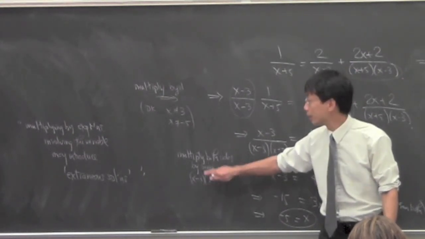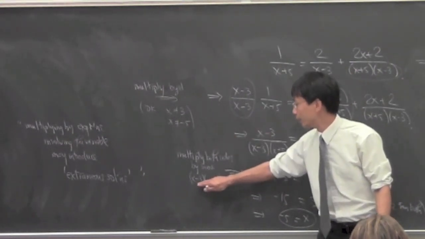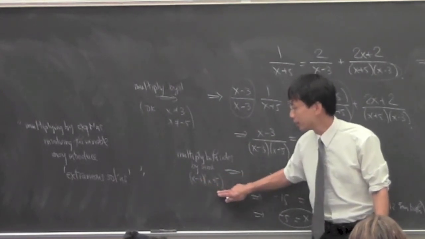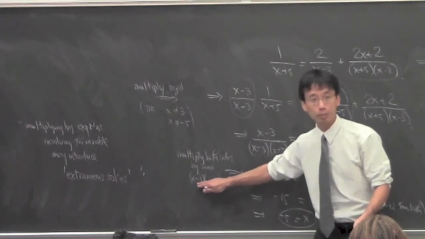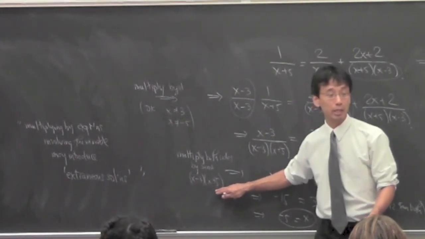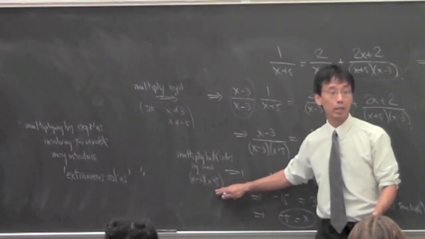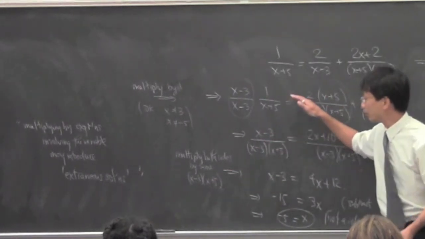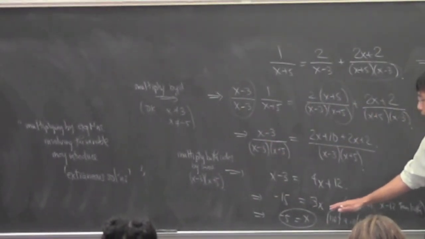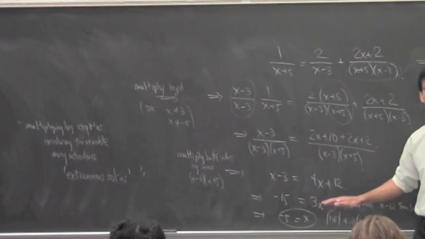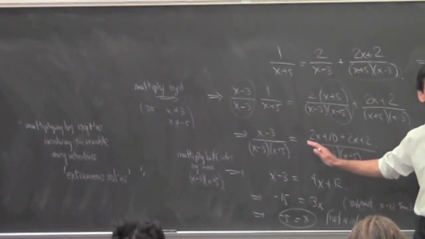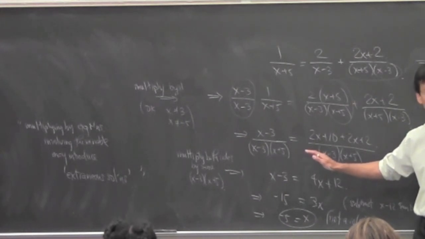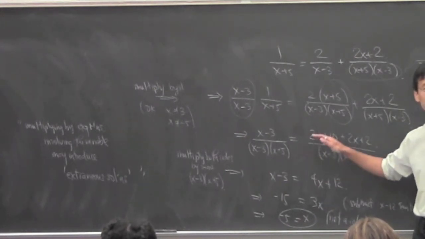So whenever we multiplied both sides by this, we imposed another constraint: that x couldn't be 3 and x couldn't be -5. Okay? So we had to keep that in mind. When we got to the end and saw x was -5, we immediately say, oh no, that's not possible because we assumed that x wasn't -5 or 3 along the way.